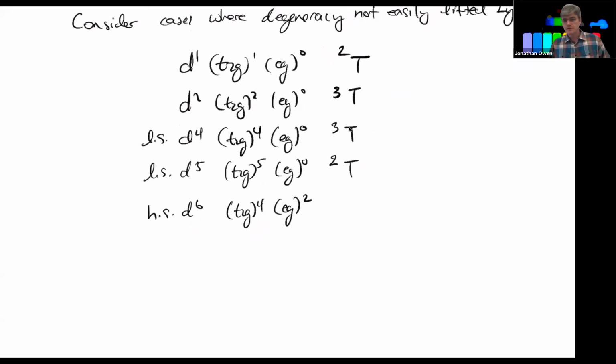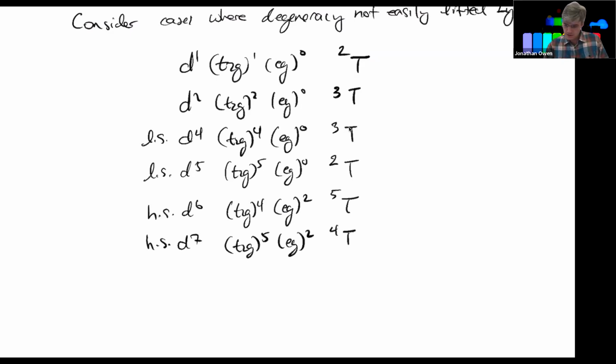How many unpaired spins? 4 unpaired electrons here. High spin d7: t2g5, eg2. 3 unpaired spins, quartet T.